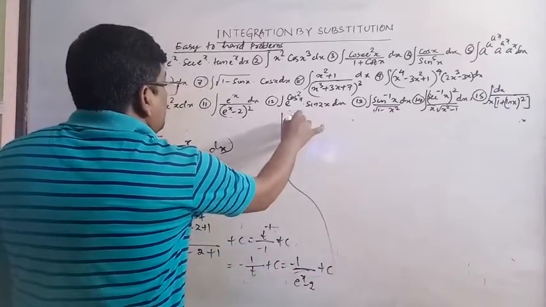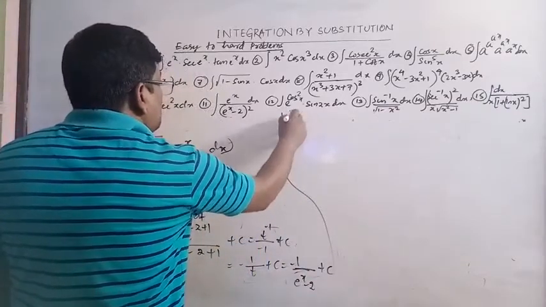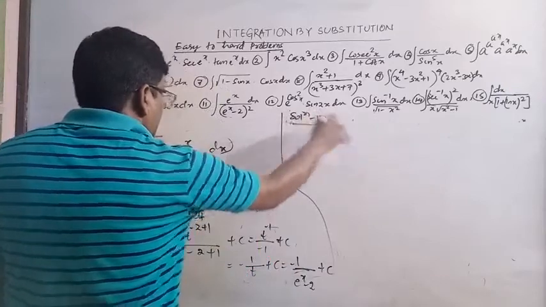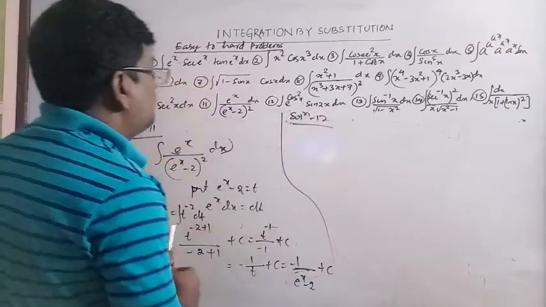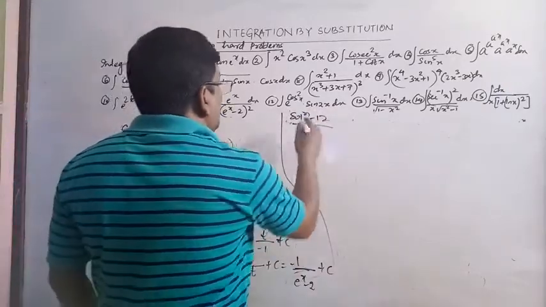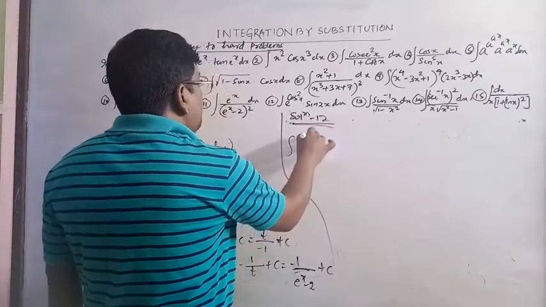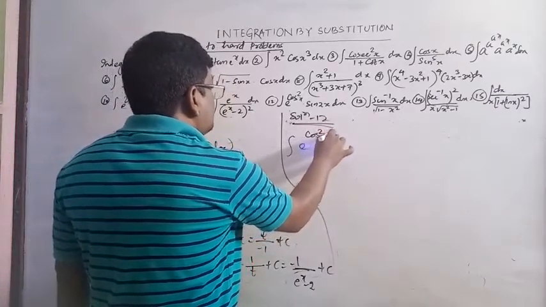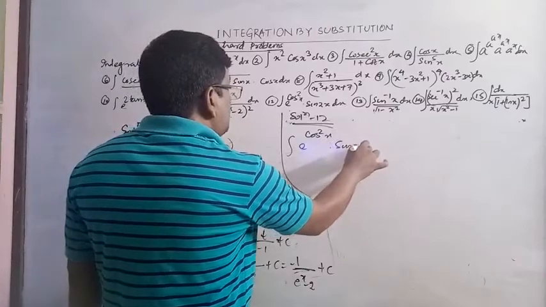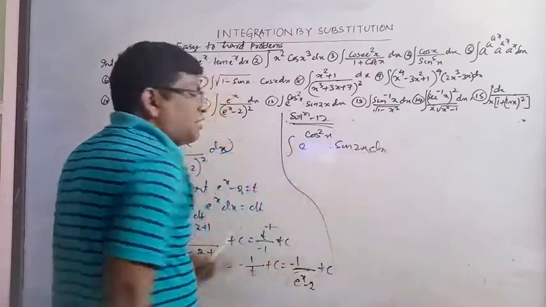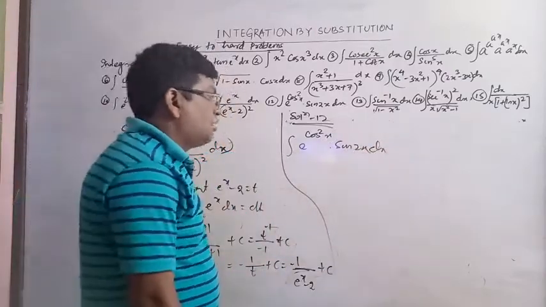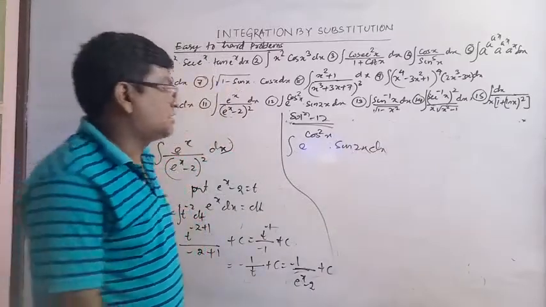Now the solution of question number 12. What is question number 12 here? Integration of e to the power cos square x sin 2x dx. So what is the derivative of cos square x?